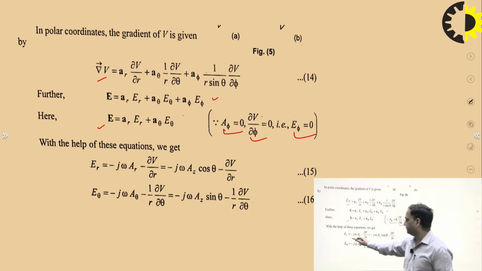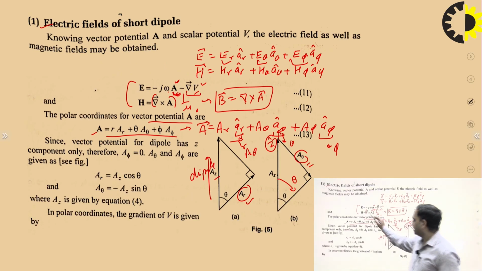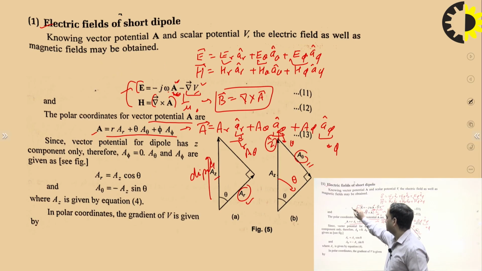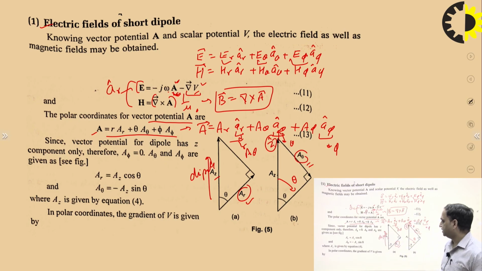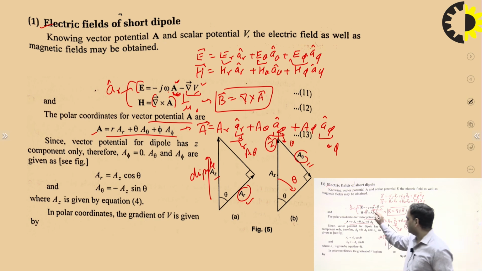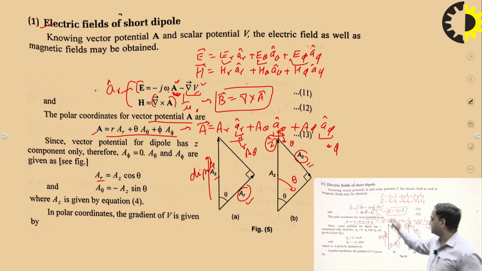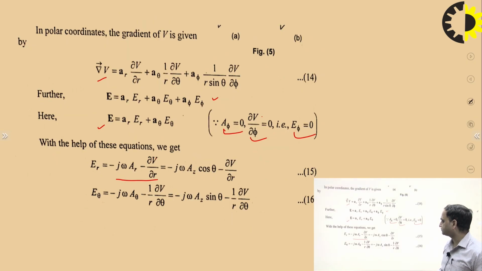So with the help of these equations, we can put all together. Then ER will be equal to minus j omega AR minus del V upon del R. So for this one we are taking only the AR component. So in place of A, we will write the AR, and this will be the del V, which is a scalar potential.